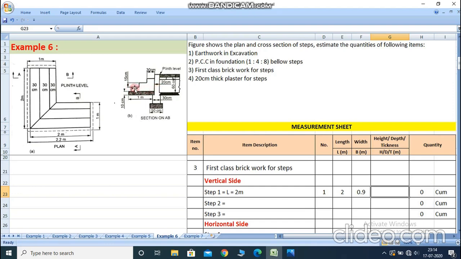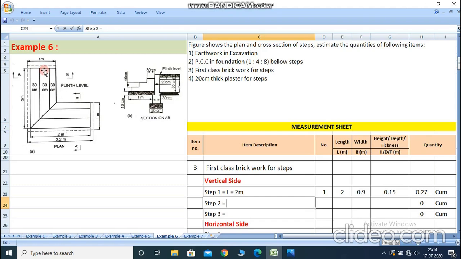So 0.9 meter, height is 15 centimeter. 15 centimeter is converted to meter as 0.15 meter. So the total quantity for step 1 is 1 multiplied by 2 multiplied by 0.9 multiplied by 0.15, which is 0.27 cubic meter.